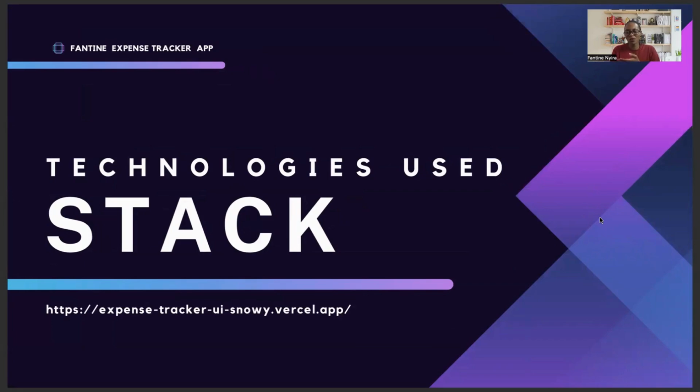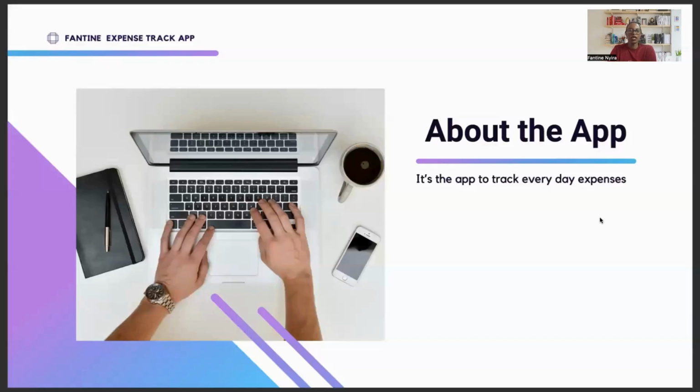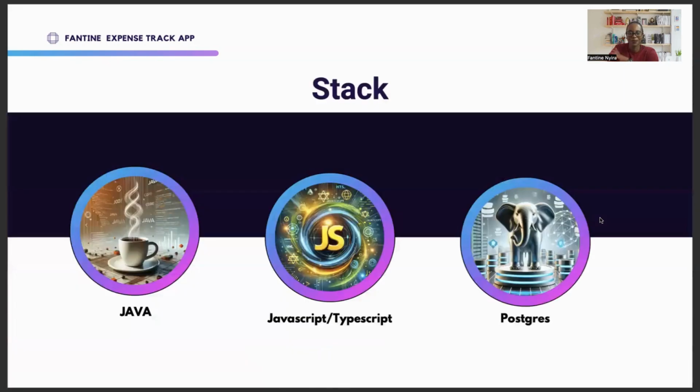It can be Google Chrome, Mozilla, Safari, Opera, whichever browser you prefer. Then you can try out the application. So what is this application about? It's about everyday expenses. You just go there, you put in your expenses, and then you can track your expenses.